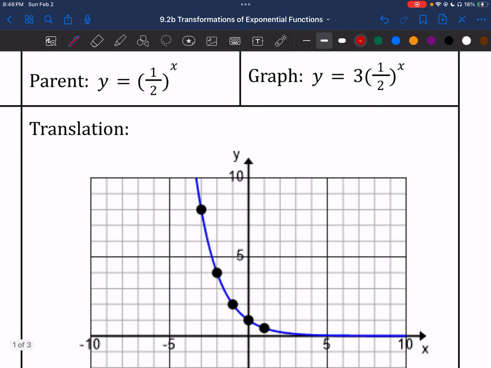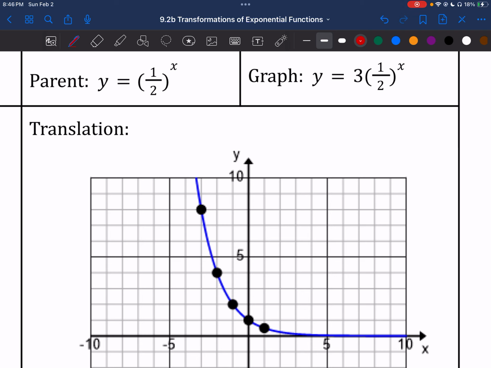All right, our next example here, we've got y equals 1/2 to the x power as our parent function. And our new function is y equals 3 times 1/2 to the x power. And so you'll see, again, we have 5 points, and these are kind of familiar points because we're still dealing with a variation on 2 to the x power.